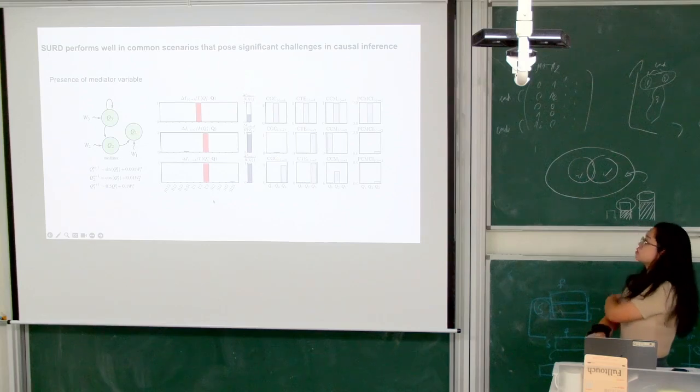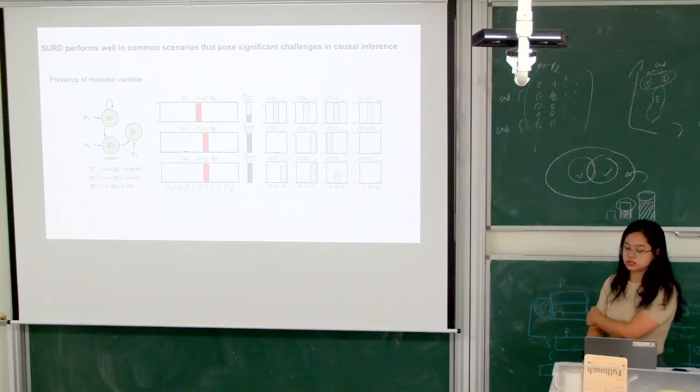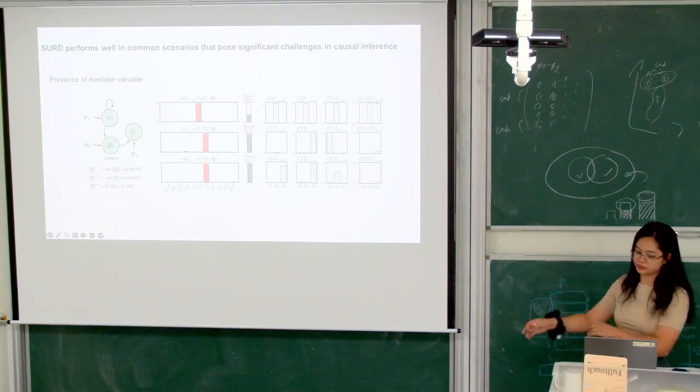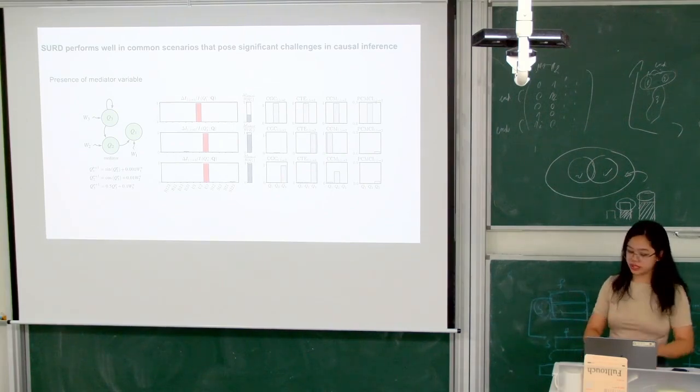And they also compared it to other methods, like Granger causality, conditional transfer entropy, CCM and PCMCI. So basically, these are just conventional methods for inference.